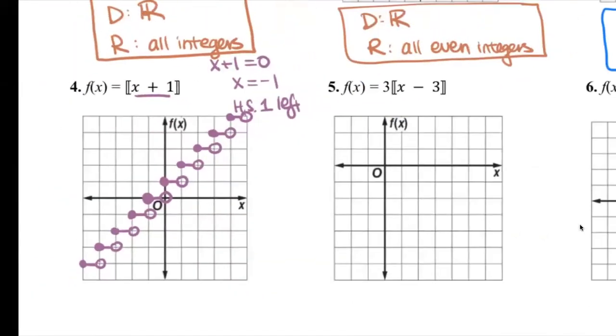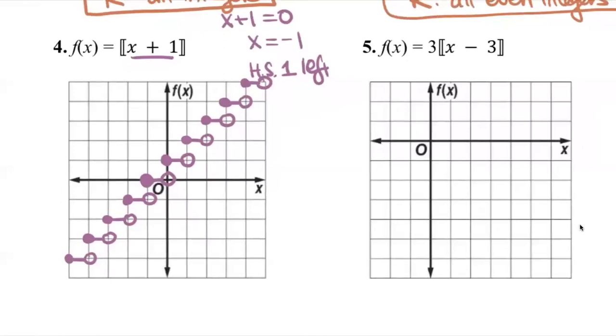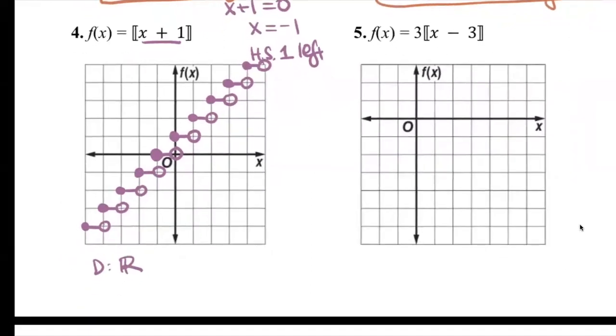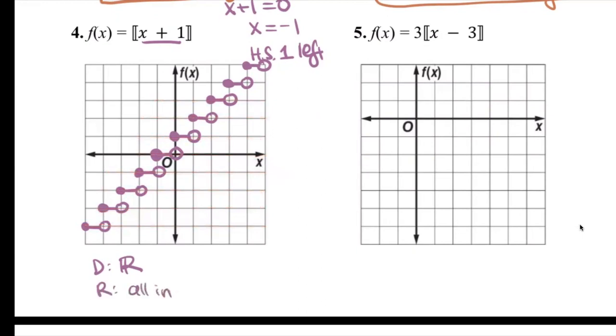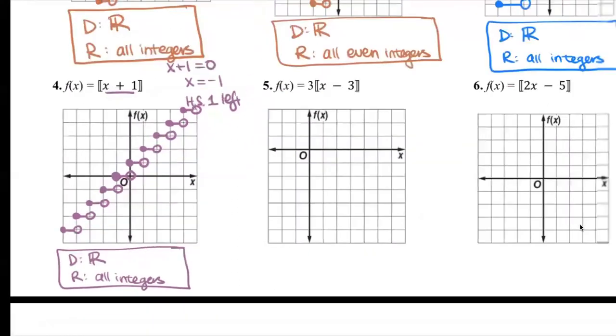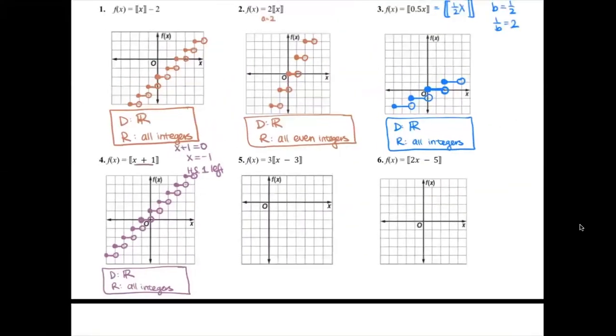All right, and then lastly, number 4, this one, I have all real numbers for the domain. For the range, looks like it's once again all integers. So those are the domain and the range.